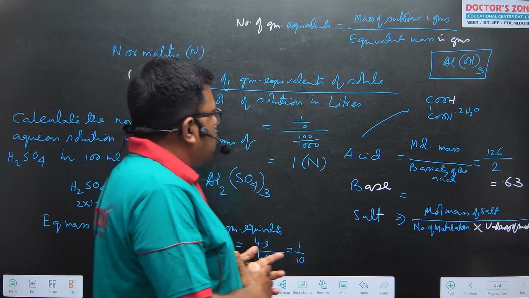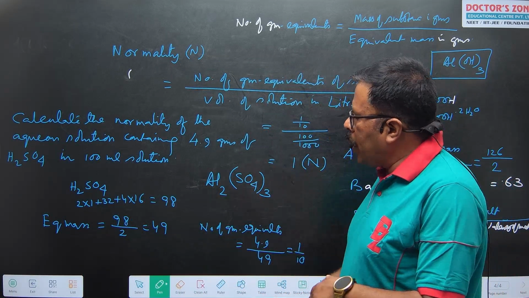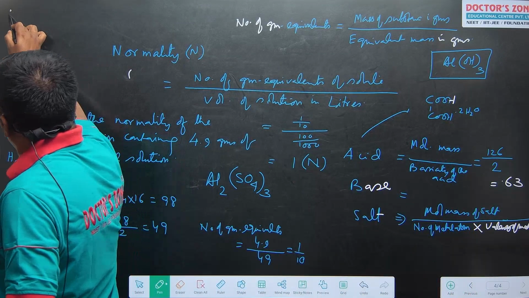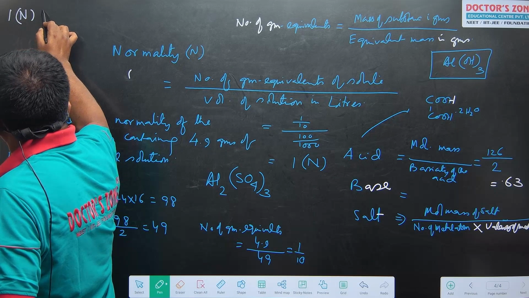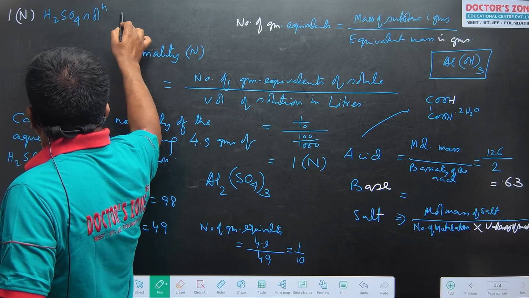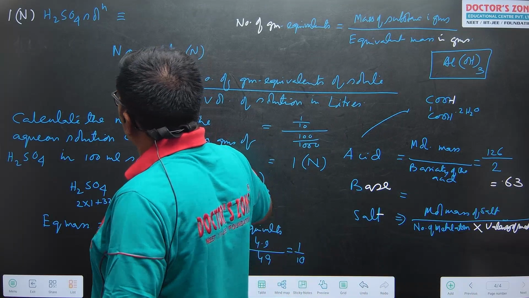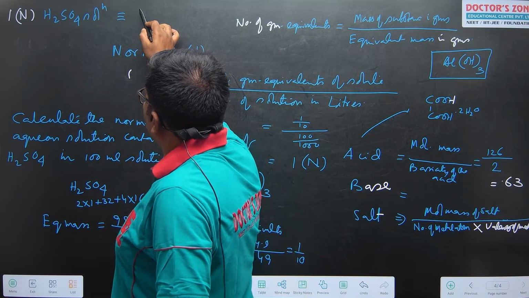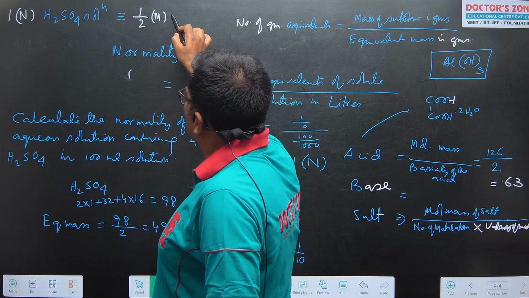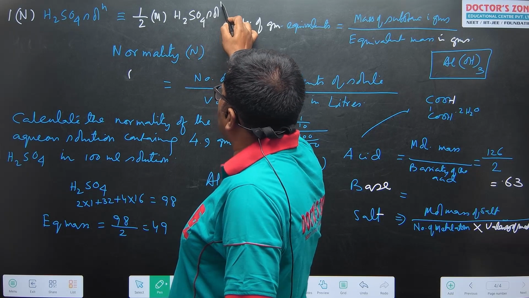One normal. Can you tell me, since you already know molarity, a one normal H2SO4 solution will be equivalent to how much molar? How much molar? It will be 1/2 molar H2SO4 solution.